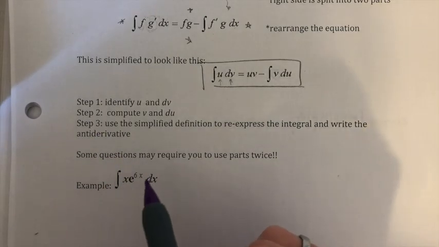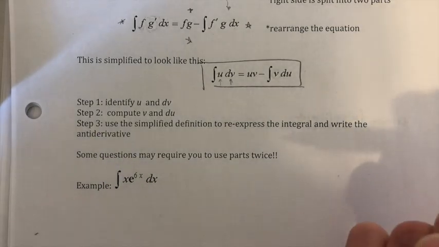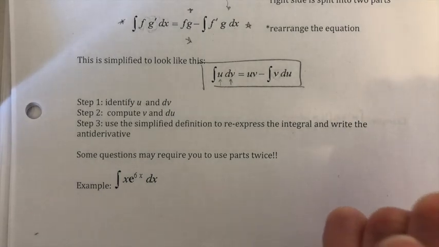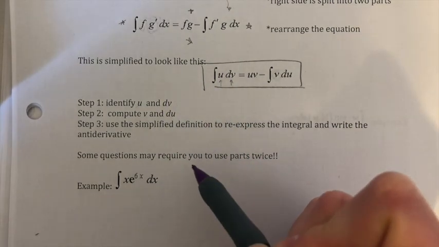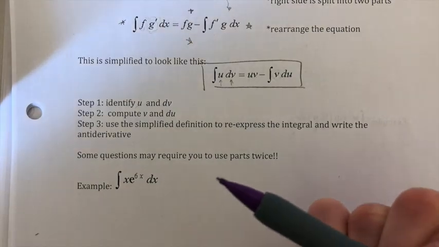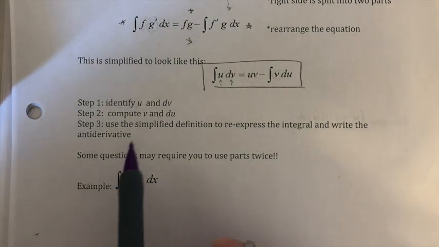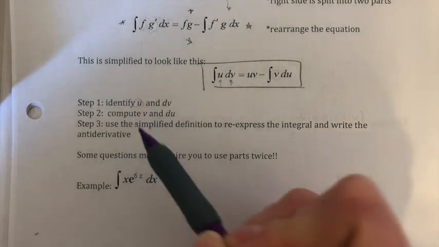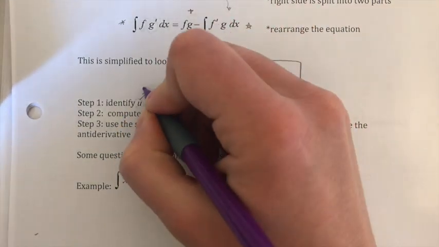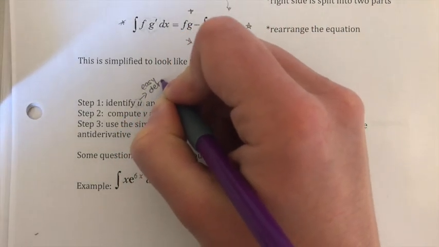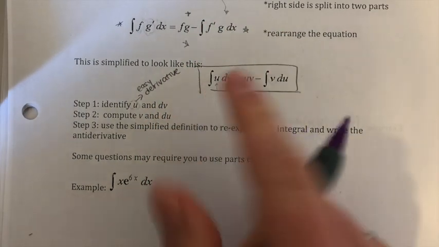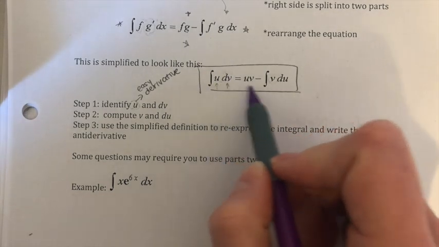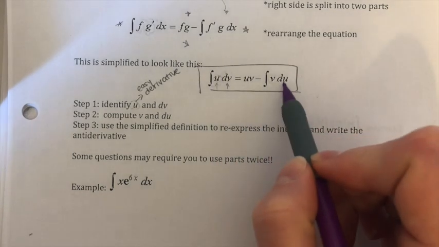The purpose of this, and how it actually makes our lives easier instead of more complicated, is that we want to identify u and dv in whatever we're being asked to integrate. The trick is that if we pick a u, we want it to have an easy derivative. Looking at the formula, notice that we're changing from this into this, so we want u to turn into du.